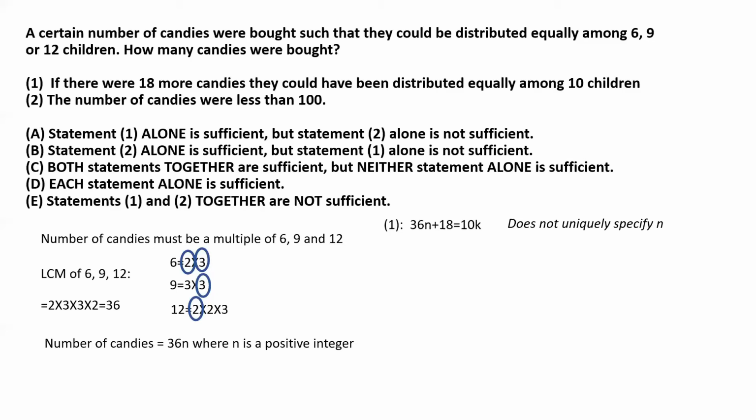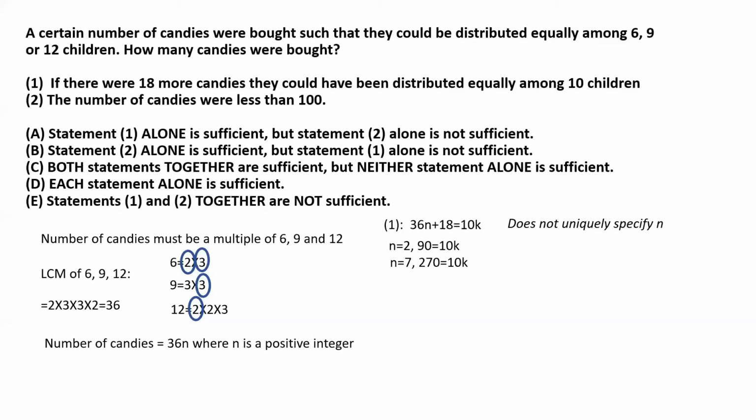And just to verify that, if you, for example, substitute n equal to 2, you get 36n plus 18 equal to 90, which is a multiple of 10, right? And if you put n equal to 7, you get 36n plus 18 equal to 270, which is also a multiple of 10.